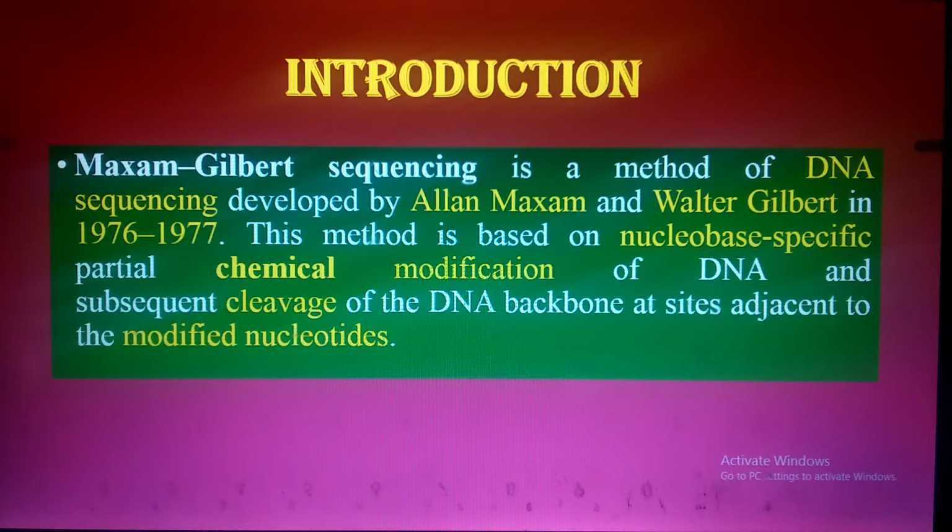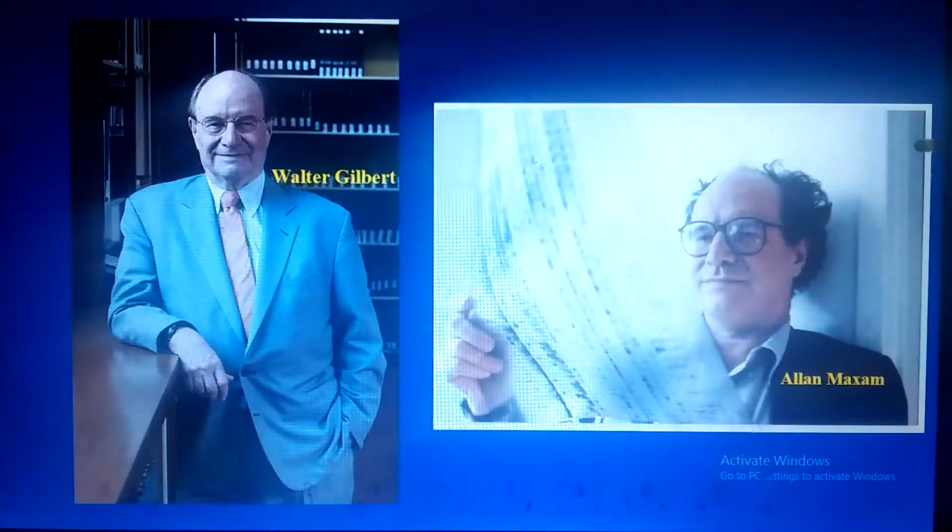What was the first step? The chemical modification. And the second is the cleavage of the DNA backbone at the site adjacent to where the DNA is modified chemically. There is a break, or cleavage, at the DNA backbone. Is it clear? I will show you how.